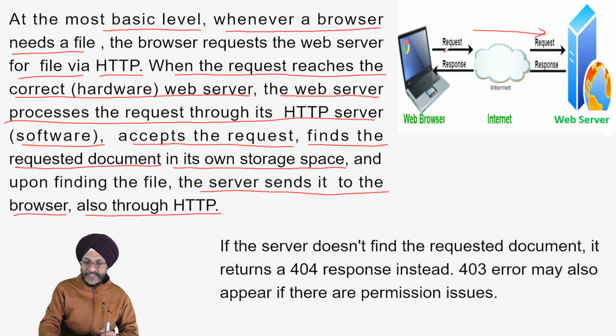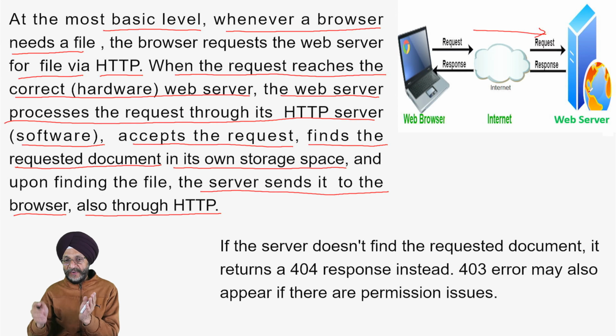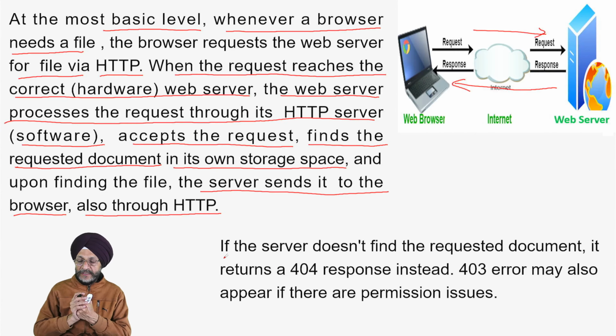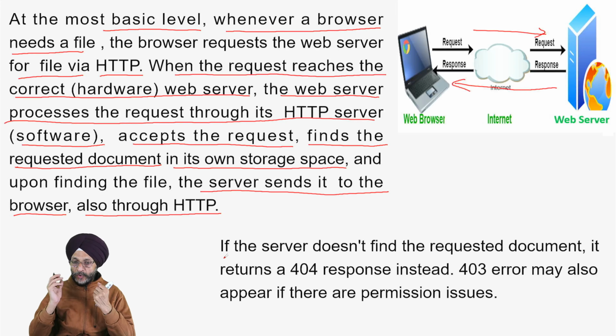In this picture, you can see that the web browser has made the request to the web server for a particular file through internet, and web server upon finding the file sends the response, that is the desired document, to the web browser. It may also happen that the file the web browser has requested is not available or not traceable with the web server.